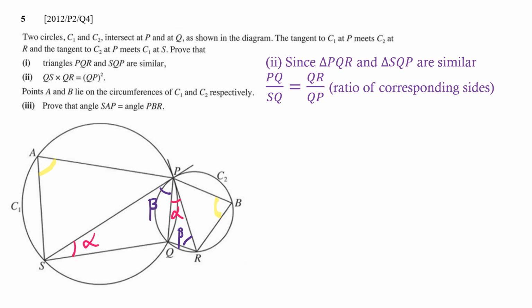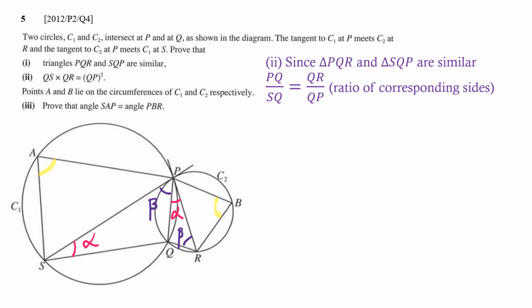If you're using PQ, that will correspond to SQ, so that's how we have PQ over SQ. And if you're using QR, your QR corresponds to QP. So that's what I have here. That's how you do it.